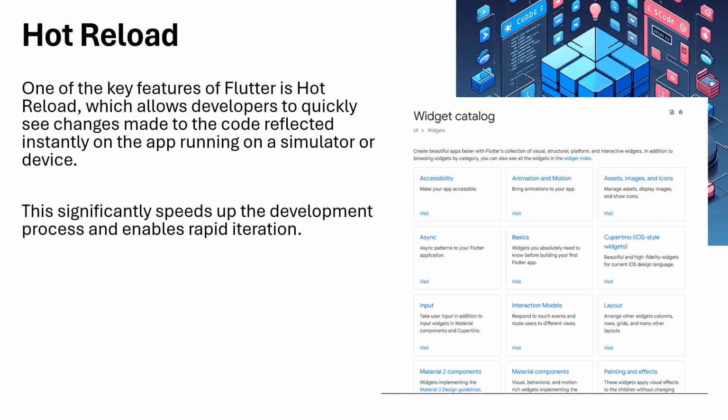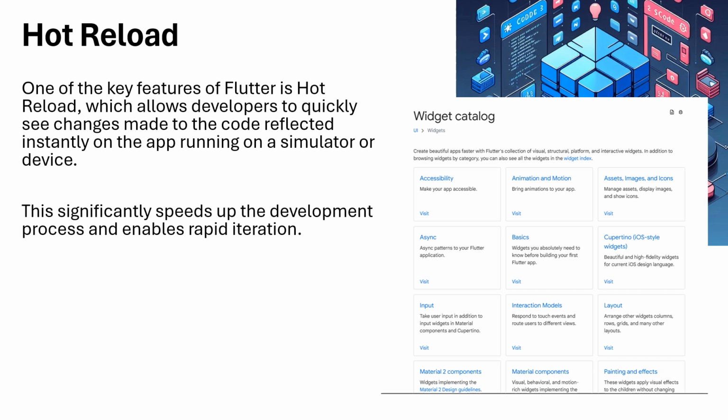Hot reload is one of the key features of Flutter. Hot reload allows developers to quickly see the changes made in the code, reflected instantly in the app running on a simulator or a device. This significantly speeds up the development process and enables rapid iteration.